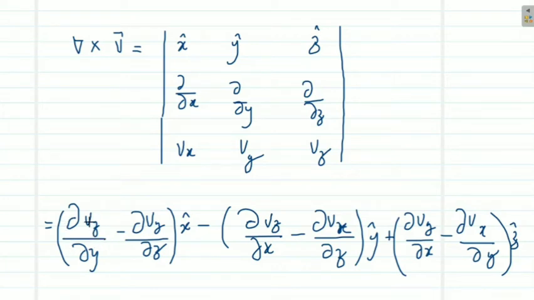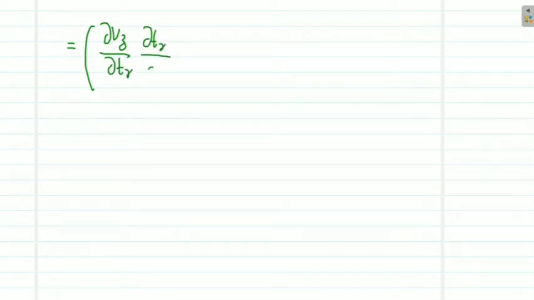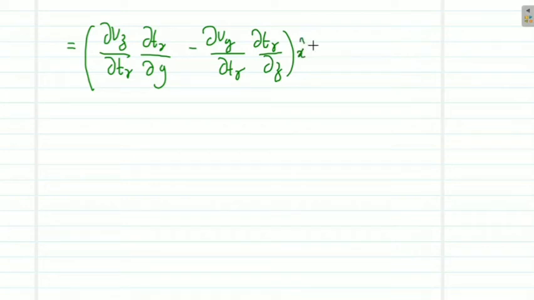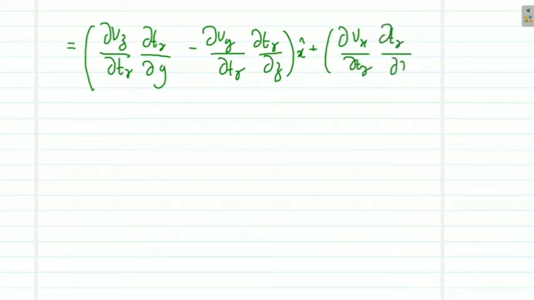And similarly here again, we know velocity is a function of retarded time and we need to take the derivative with respect to position y. So we will have to rewrite it like dou vz by dou tR into dou tR by dou y minus dou vy by dou tR into dou tR by dou z into x cap plus dou vx by dou tR into dou tR by dou z, minus and so on.